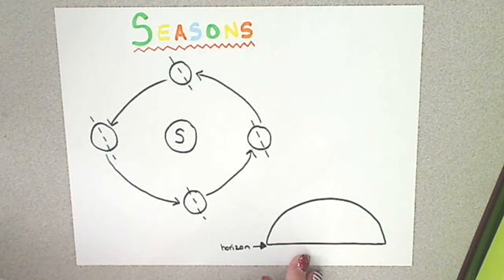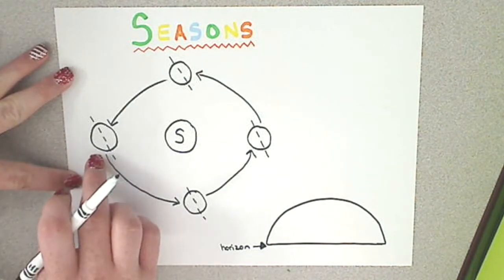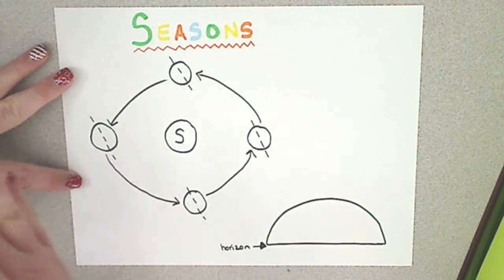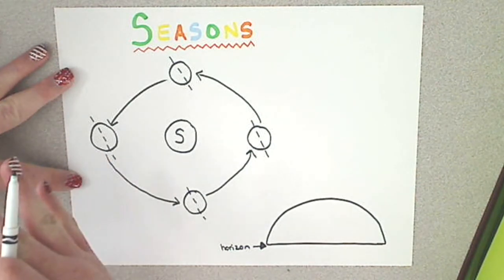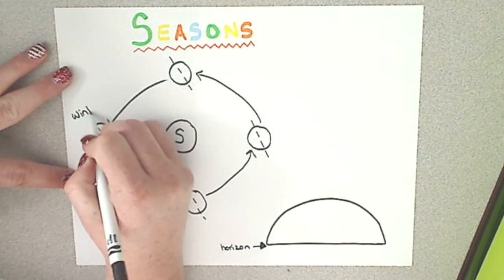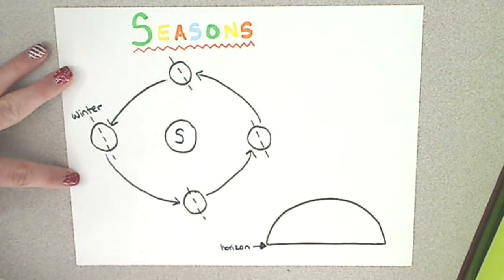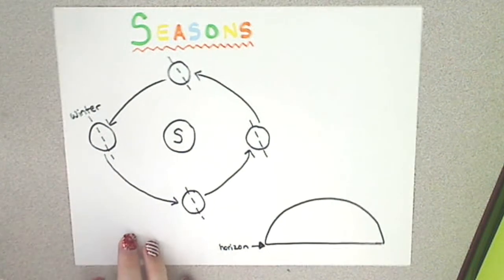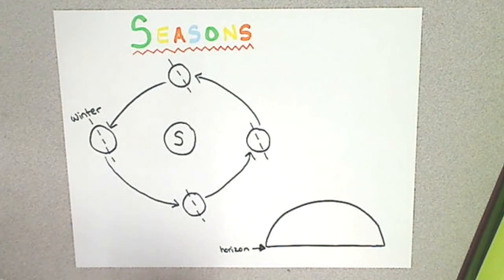And we're going to start with winter. Okay, so when the Earth is tilted away from the sun, we have winter. And this is caused because we get light and heat energy from the sun.